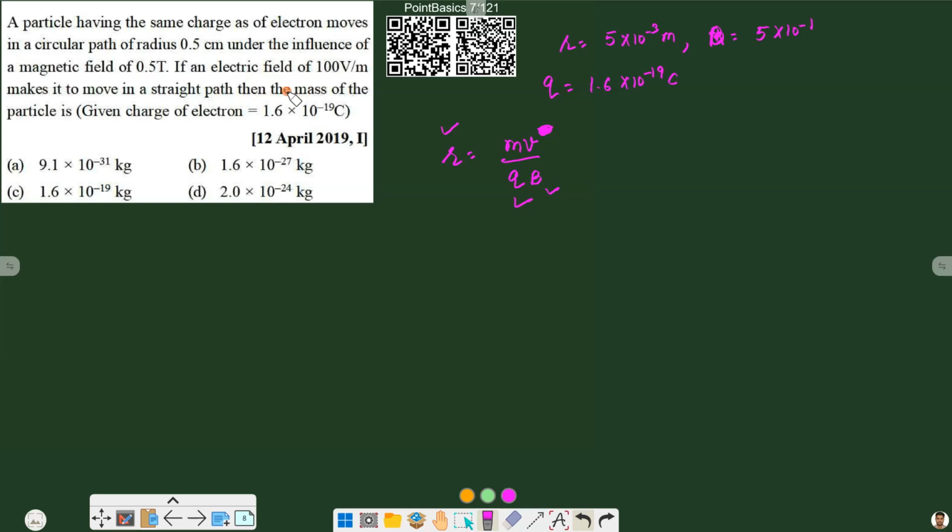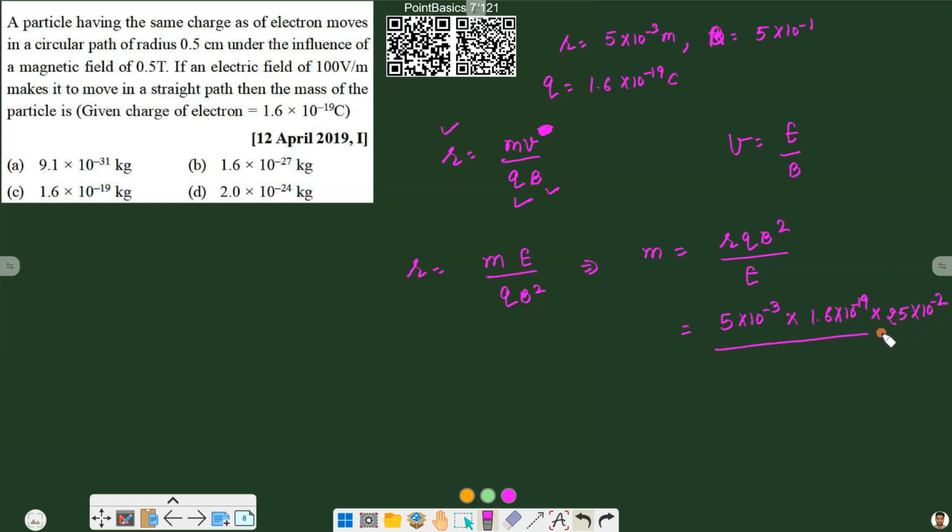So now we know that when a charged particle is moving in a straight path, then its velocity is given by E by B. So we will use this relation here, and so r becomes mE by qB square, and using this m will be equal to r q B square divided by E. Putting values, r is 5 into 10 raised to power minus 3, q is 1.6 10 raised to power minus 19, and B square will be 25 into 10 raised to power minus 2 divided by electric field, that is 100 volt per meter.